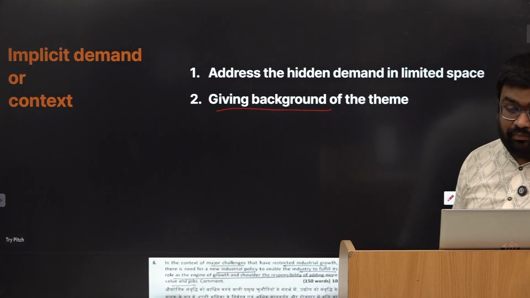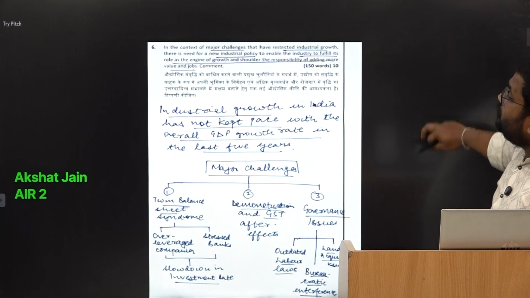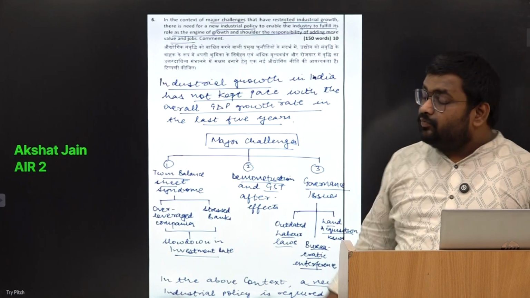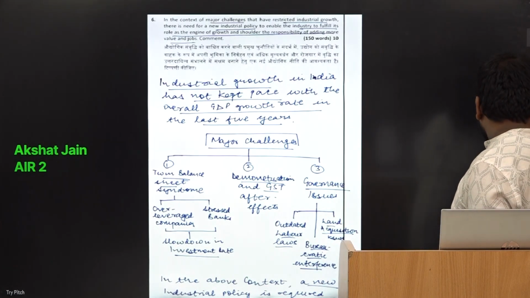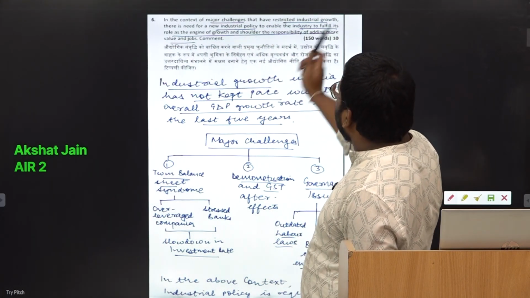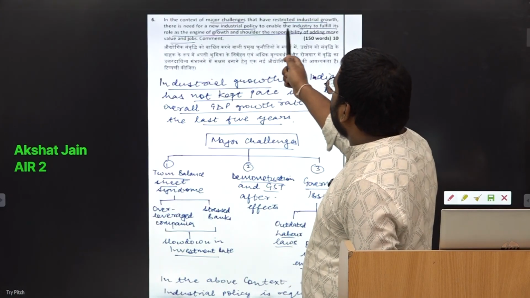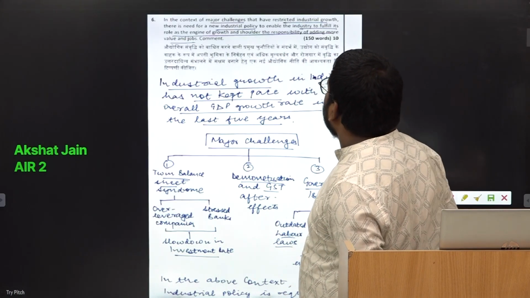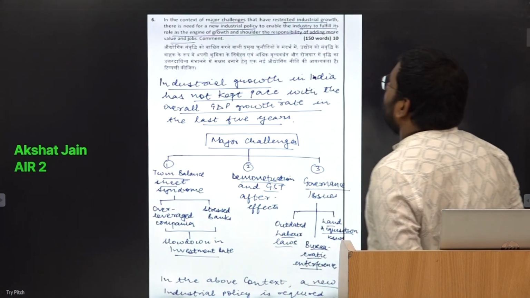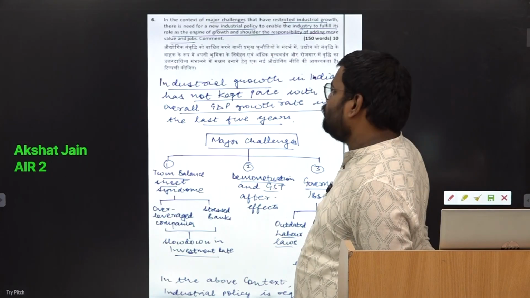Okay, so if you see, this is the answer of AIR 2, Akshat Jain. Now, the question says that in the context of major challenges that have restricted industrial growth, there is a need for a new industrial policy to enable the industry to fulfill its role as an engine of growth and shoulder the responsibility of adding more value and jobs.